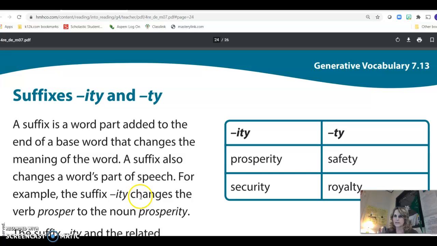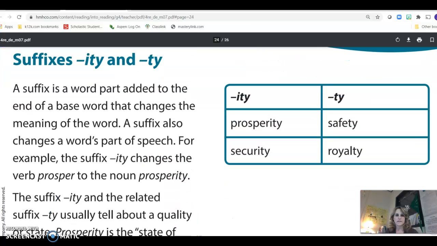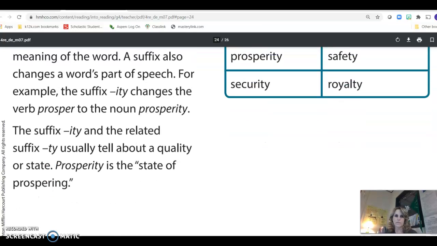Then, I'm going to pull it down just a little so you can see the rest. The suffix ity and the related suffix ty usually tell about the quality or the state of something. So prosperity is the state of prospering.